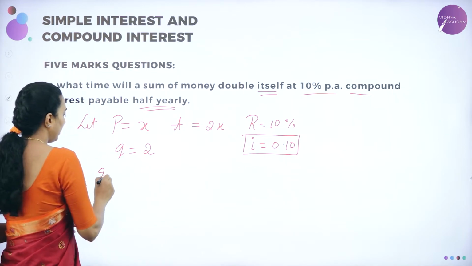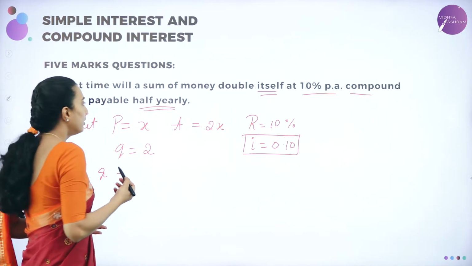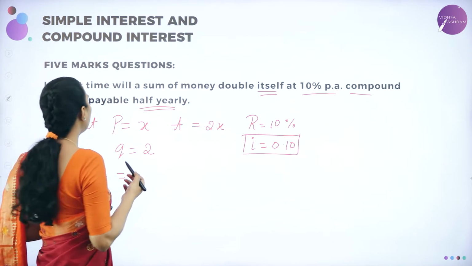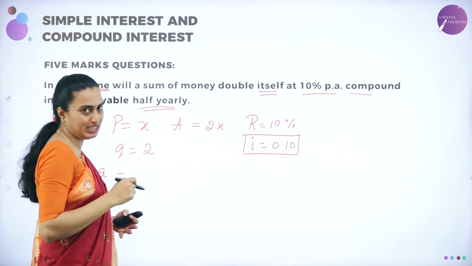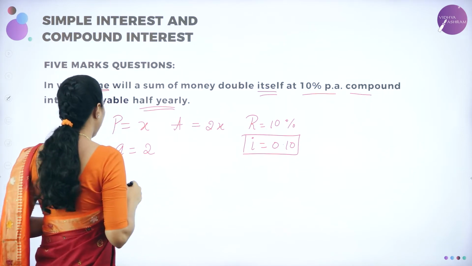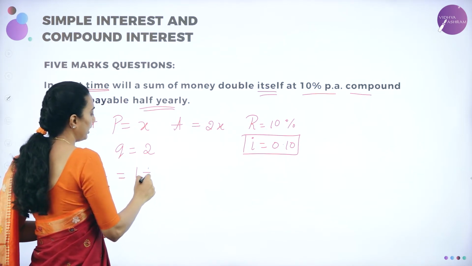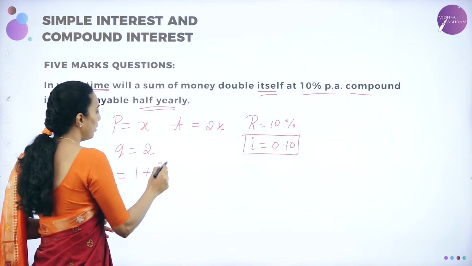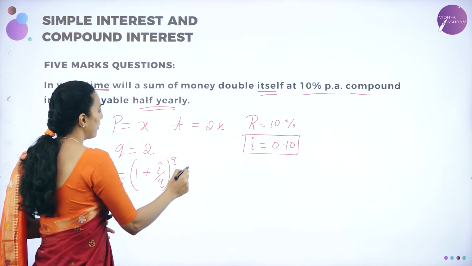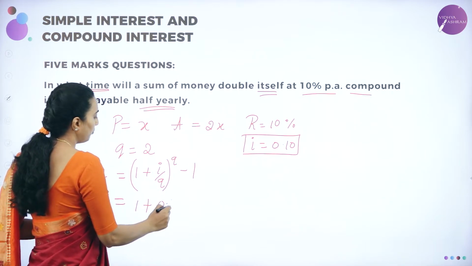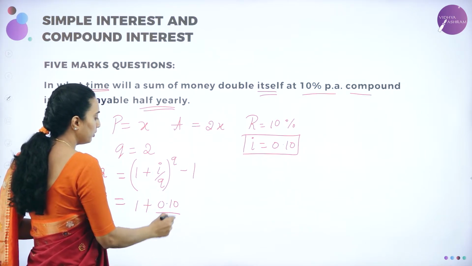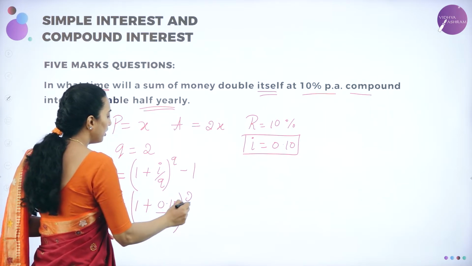Let me calculate the nominal rate of interest first, because we need to find in what time, which means we need to find the value of N, right? So R is equal to (1 plus I divided by Q) whole to the power of Q, minus 1, which will be 1 plus 0.10 divided by Q, which is 2, whole to the power of 2 minus 1.